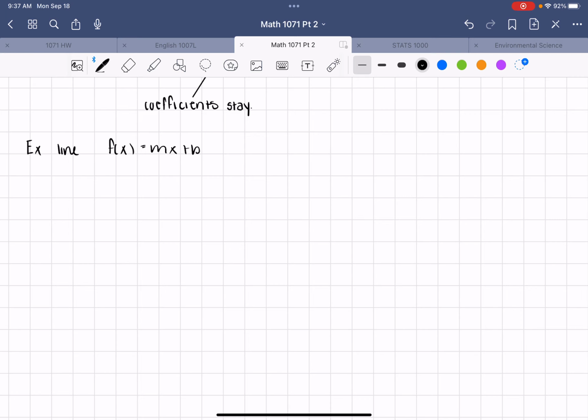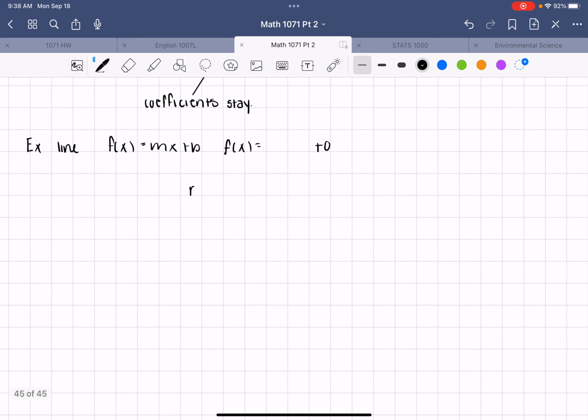But for mx, the derivative of x is just 1, and m is a coefficient that stays. The power comes down in front, and the new power is 1 less. But of course, x to the 0 power, anything to the 0 power is 1. So we had done that example, and it fits our rules.